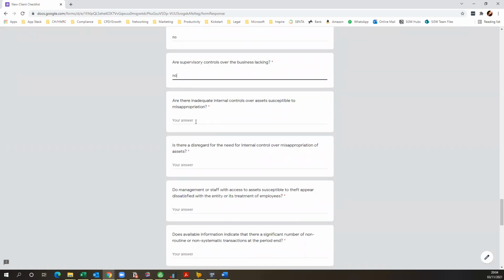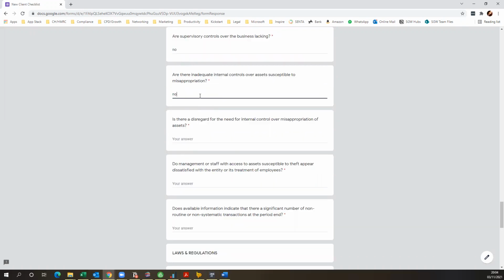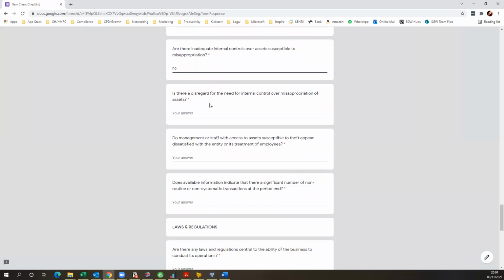So this could be cash, it could be anything really that's got any value. Anything that has value, are they being looked after? So is cash being locked away, and that sort of thing, if you've seen anything up until this point.